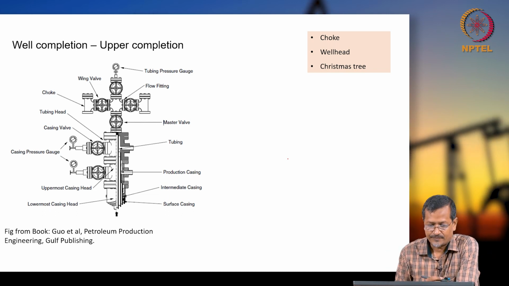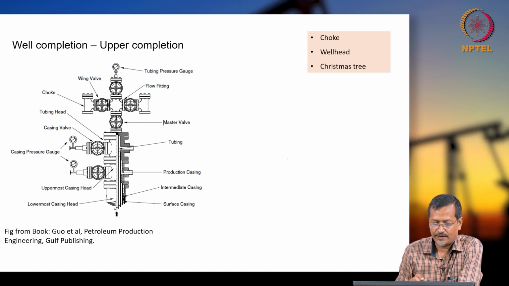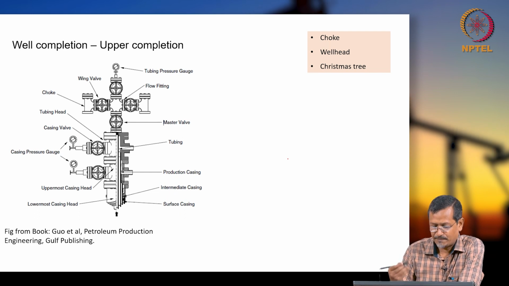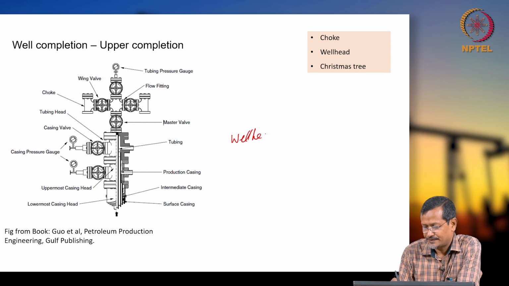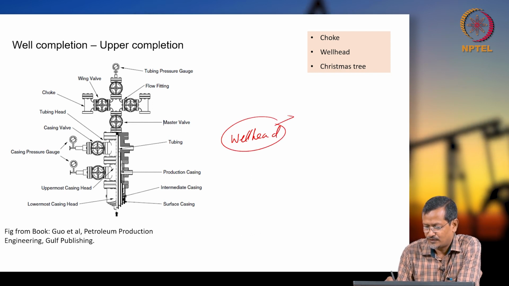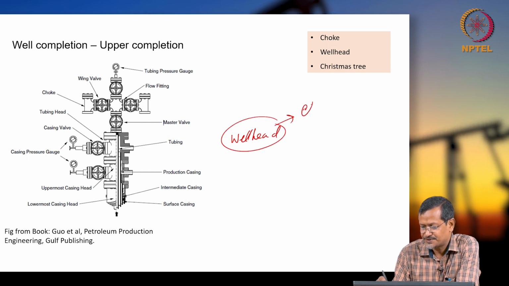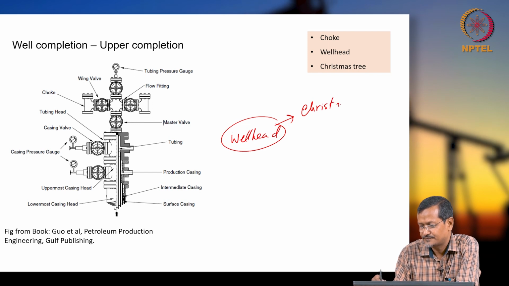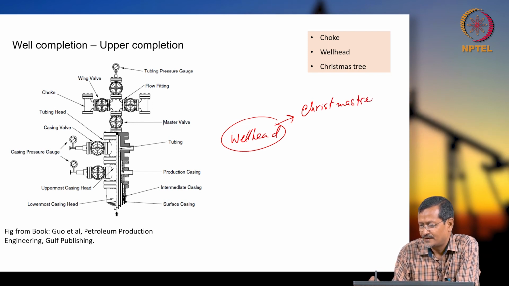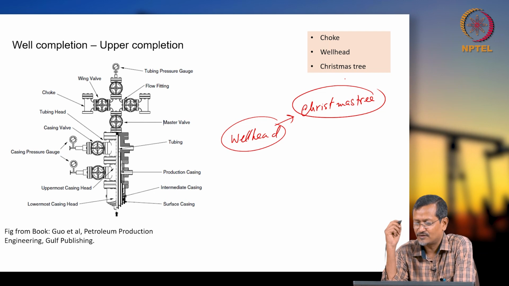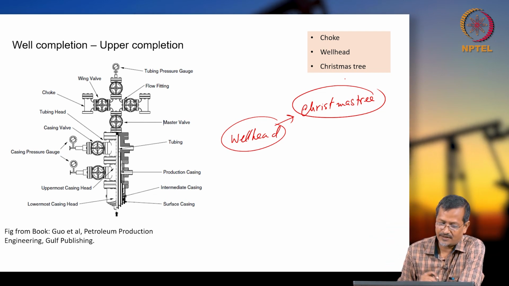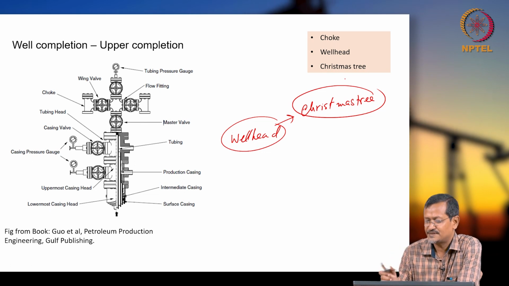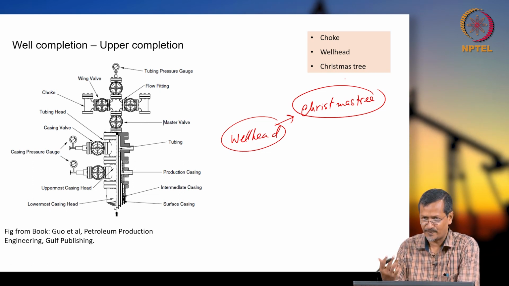Now, when you are talking about upper completion, it includes the wellhead you put, then you put a casing, and the Christmas tree. If you tell common people Christmas tree, they will understand something different, but here the oil industry will be assuming this is actually a controlling mechanism, a flow control mechanism.